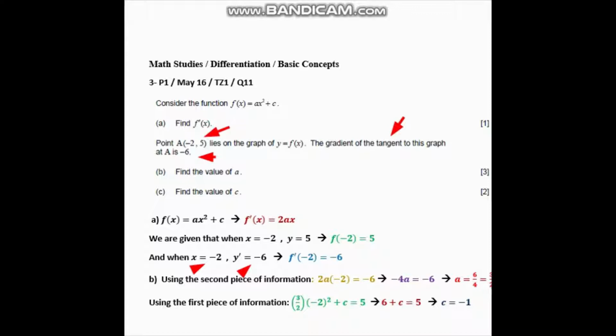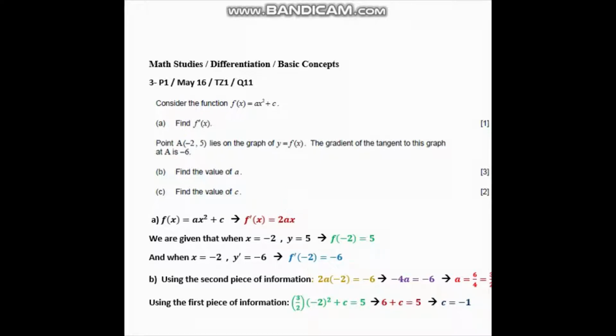Or in a third way of describing this, f dash of negative 2 equals negative 6. So how does this help me? I already have f dash of x, which is 2ax. So if I substitute negative 2 into this red equation, instead of x, I shall get negative 6.